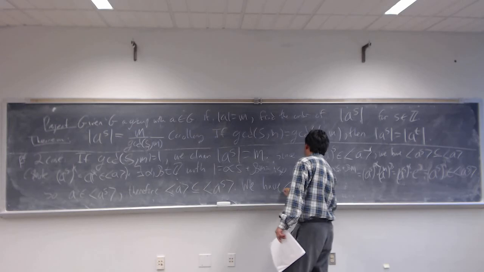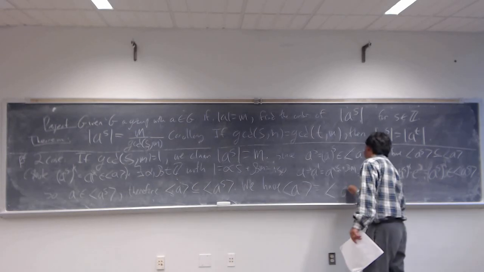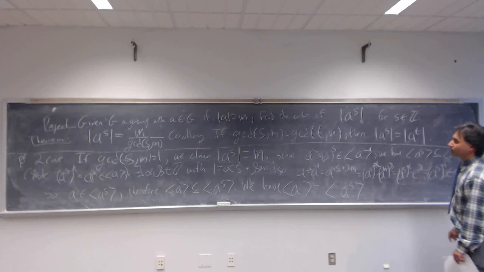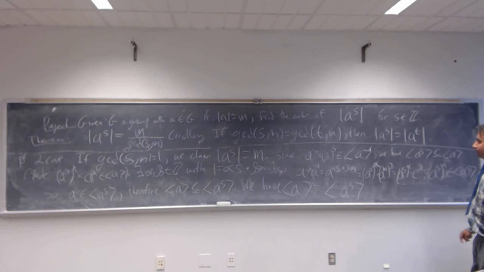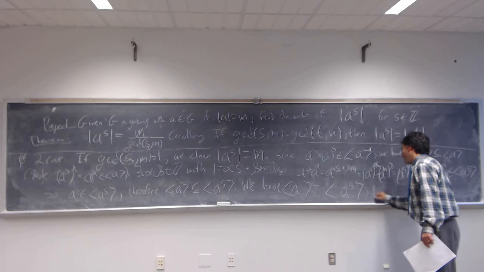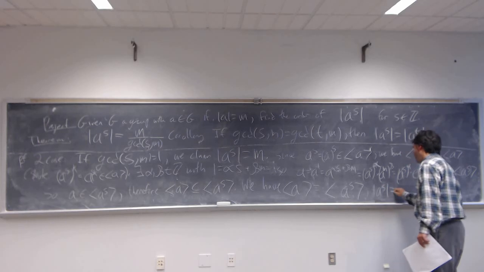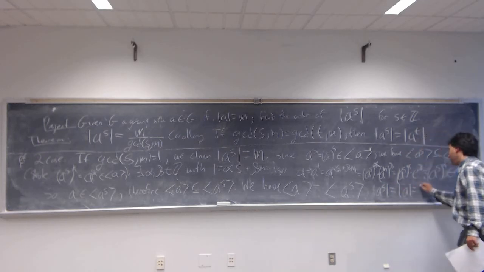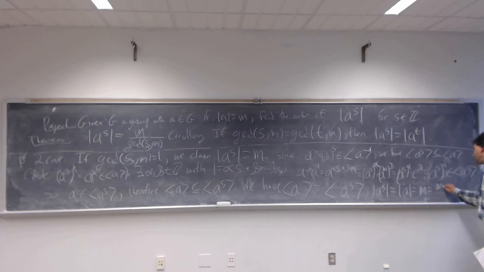We have the cyclic subgroup generated by A. And so the order of A to the S is equal to the order of A, which is just M, which is certainly M over 1.